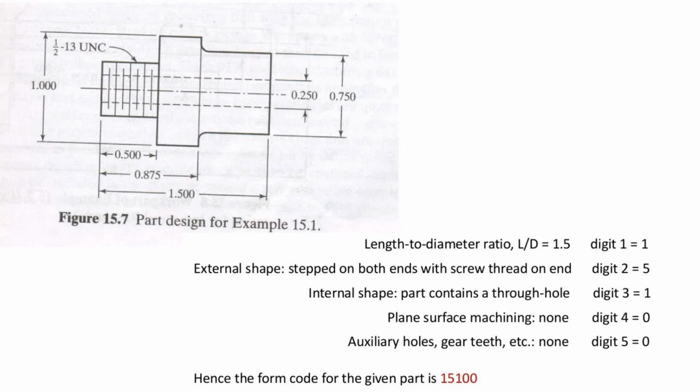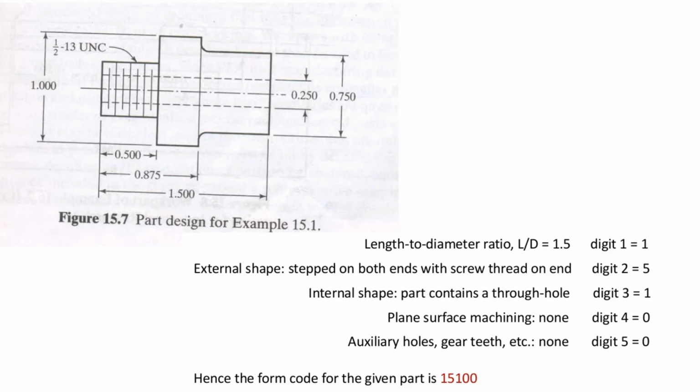A similar diagram is given. Here again the length to diameter ratio is calculated and it is found to be 1.5. Again it is a value within the range, so the digit is 1. Going back, it is stepped on both ends with a screw thread on one end, so digit 2 is 5.